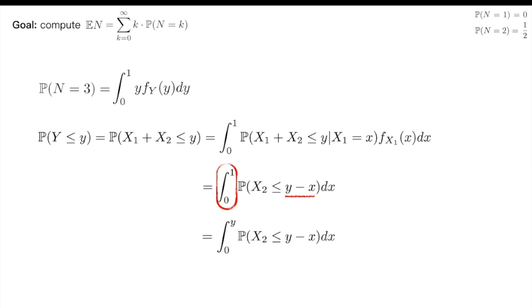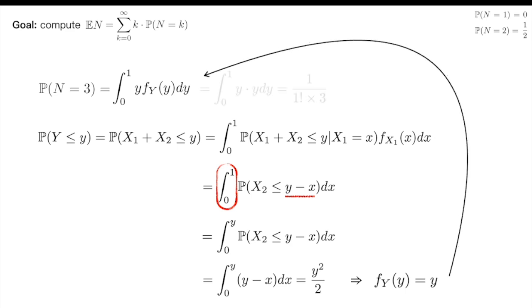Now we can finally use the uniform distribution of x2 to get some formula like this. We directly plug in the CDF of x2 and it results in an answer like this. And of course, the density of y is just small y. Now we can finally plug this back into what we want to compute.